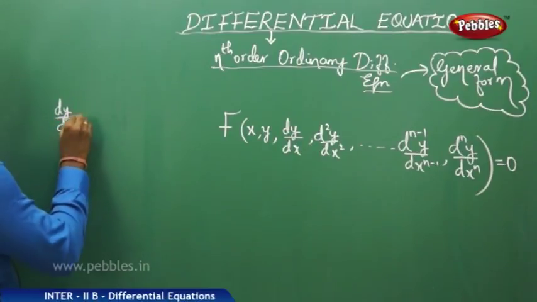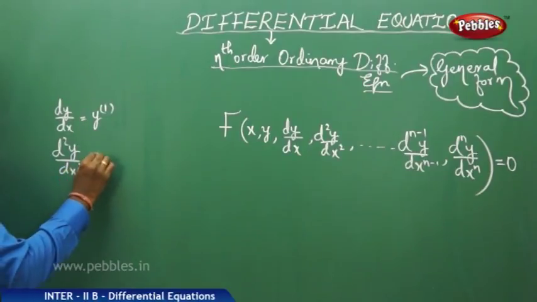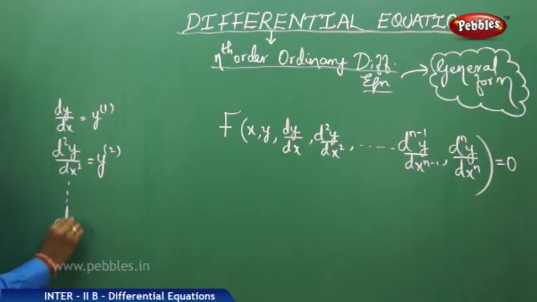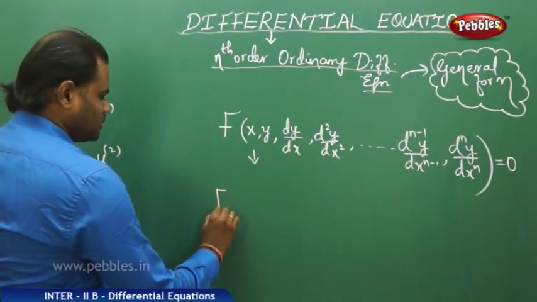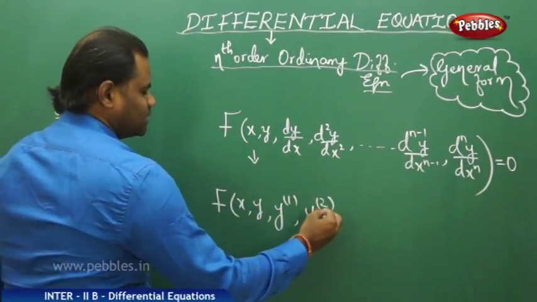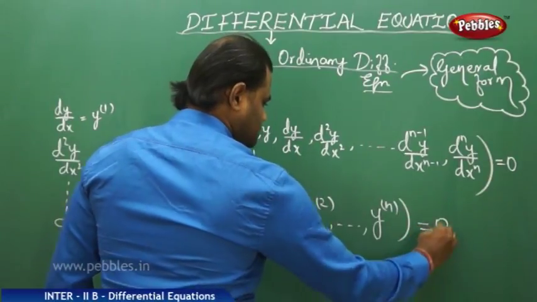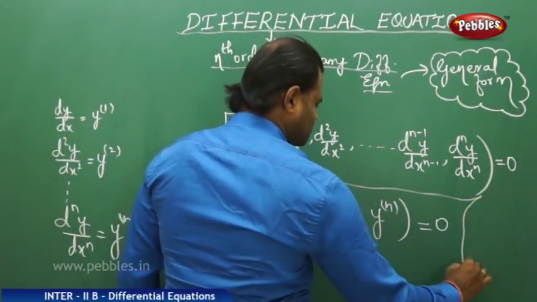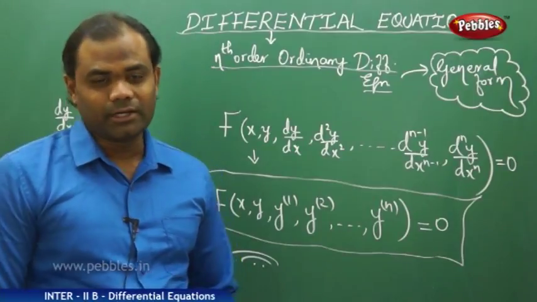If suppose I take dy by dx as y dash or y power 1, which is what we denote for this, and d square y by dx square is denoted by y double dash, and so on and so forth, where d power n y by dx power n is denoted as the nth derivative of y, then this reduces to f of x, y, y dash, y double dash, and so on till the nth derivative of y equals 0. This is how we define the nth order ordinary differential equation.